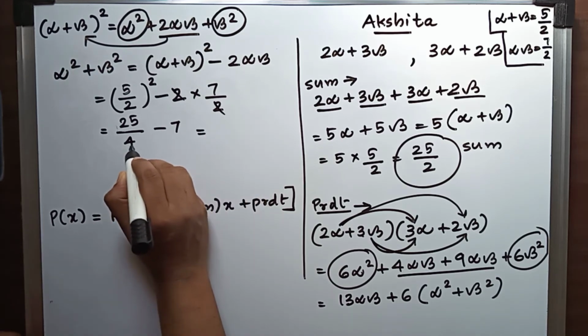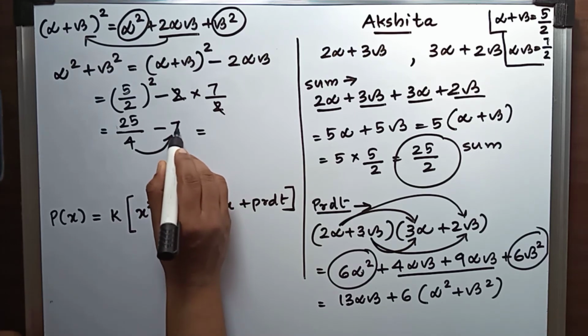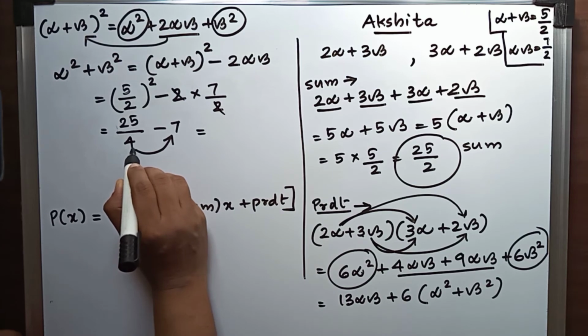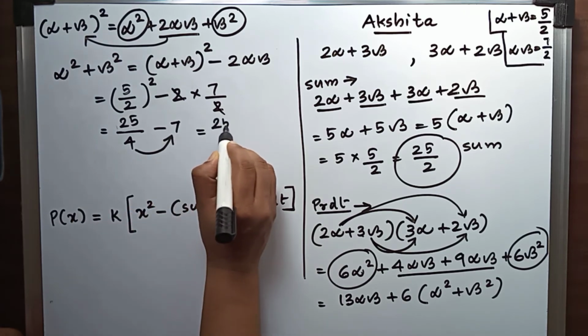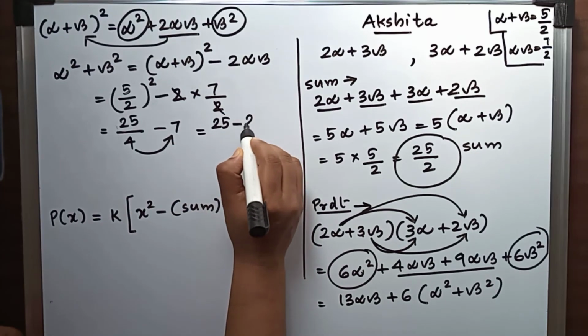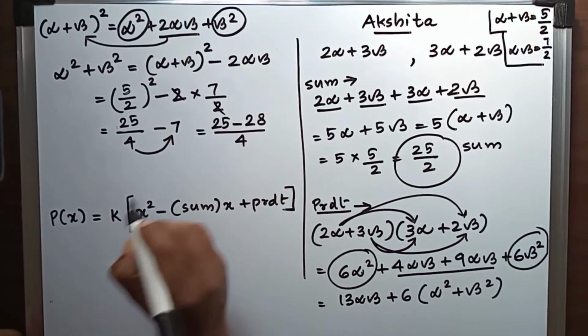Now, yes, we have to do cross multiplication. Here there is no denominator term here. But here we have 4 in the denominator. So we are going to multiply this 4 by this 7. So 25 minus 7 into 4, 28, by 4.